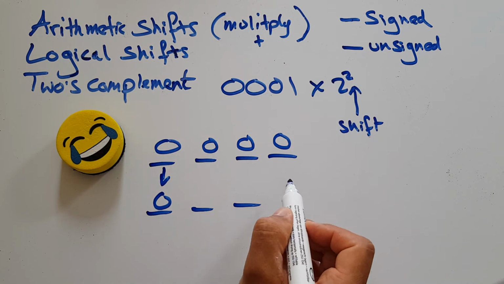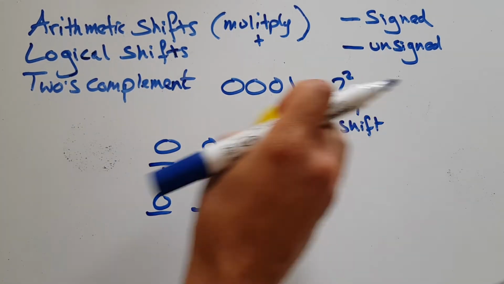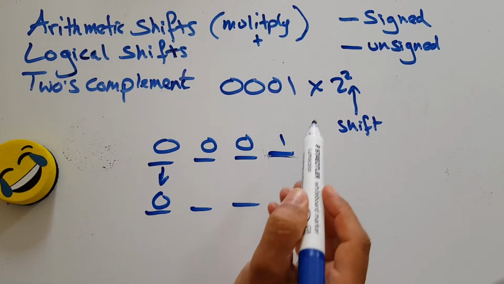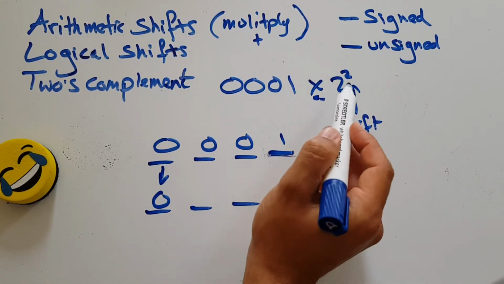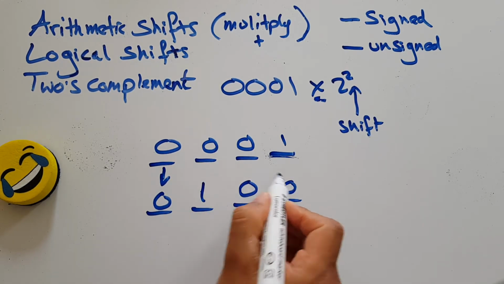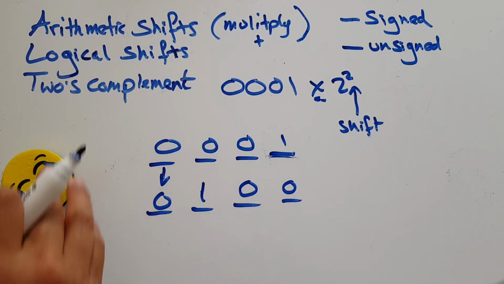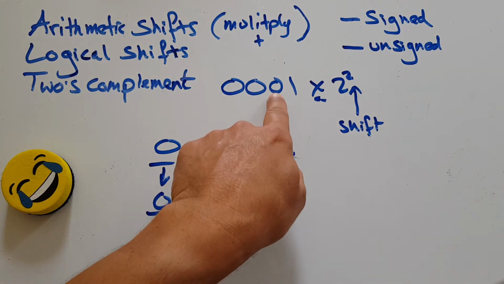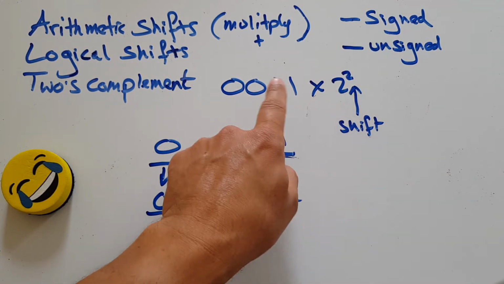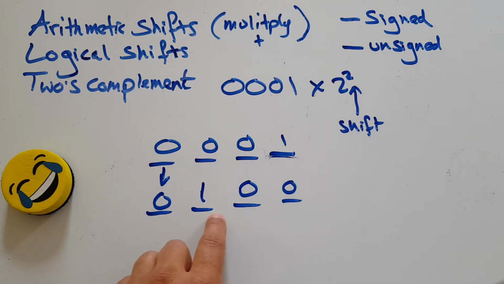Well, 2. So I'm shifting this 1 left 2 places. 1, 2. And then the blank place values get filled in with zeros. Let's have a look. Have I got the right answer? 1 times 4 is 4. And yep, the binary shows me that this is the binary for 4. So I've got that correct.